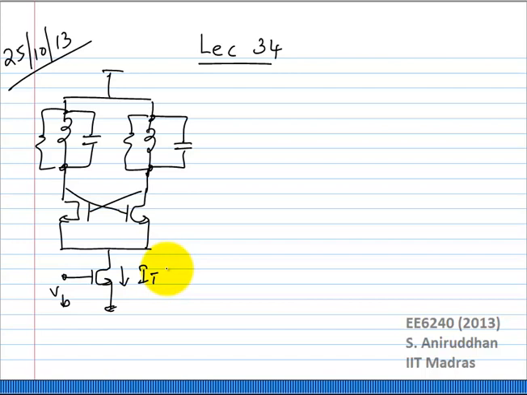Now, can you think of some variants to this circuit? Do I necessarily have to have an NMOS cross-coupled pair, or can I have a PMOS cross-coupled pair? I can have a PMOS cross-coupled pair also. Nothing wrong with that. It looks slightly different.